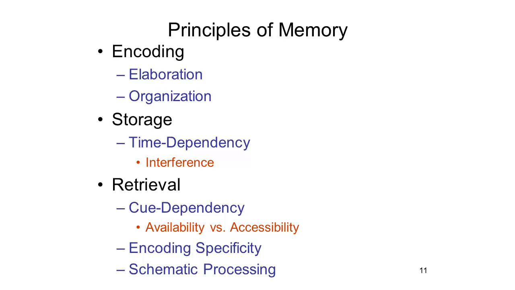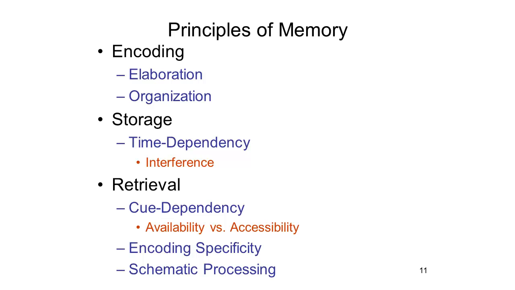We've got two principles governing the encoding of memory, elaboration and organization. We've got one principle governing the storage phase of memory processing, time dependency, and we now understand that the basic mechanism underlying time-dependent forgetting is interference, proactive interference and retroactive interference, competition among available memories.